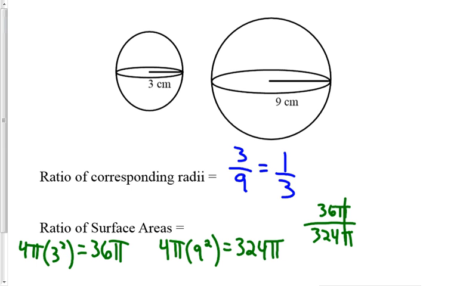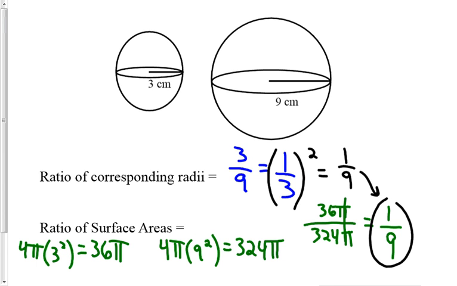Pi's will cancel out. 36 over 324 reduces to 1/9. And so we see once again that the conjecture holds, right? Because if we take the ratio of the corresponding radii and we square it, we're going to get 1/9, which is the same as the ratio of the surface areas.